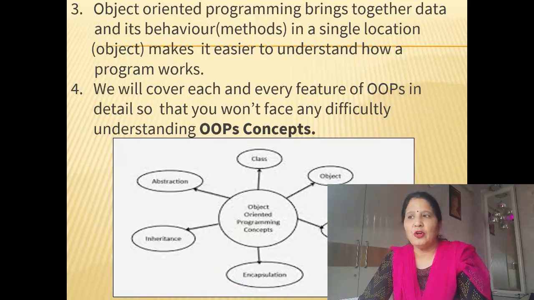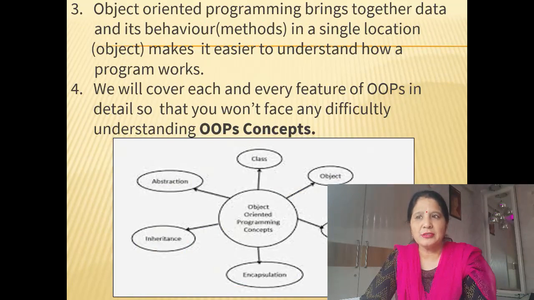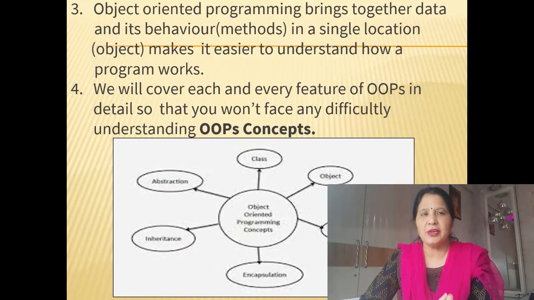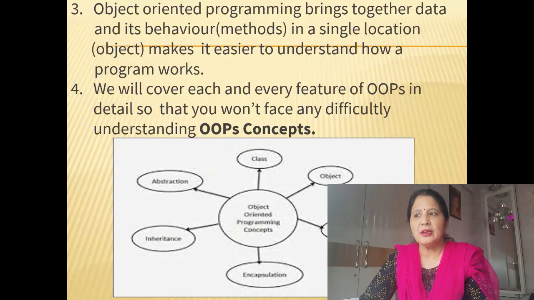Now, number 3, object-oriented programming brings together data and its behavior. Behavior means methods, related to the functions, in a single location, that is known as objects. This makes it easier to understand how a program works. We will cover each and every feature of OOPS in detail so that you won't face any difficulty understanding the OOPS concept.